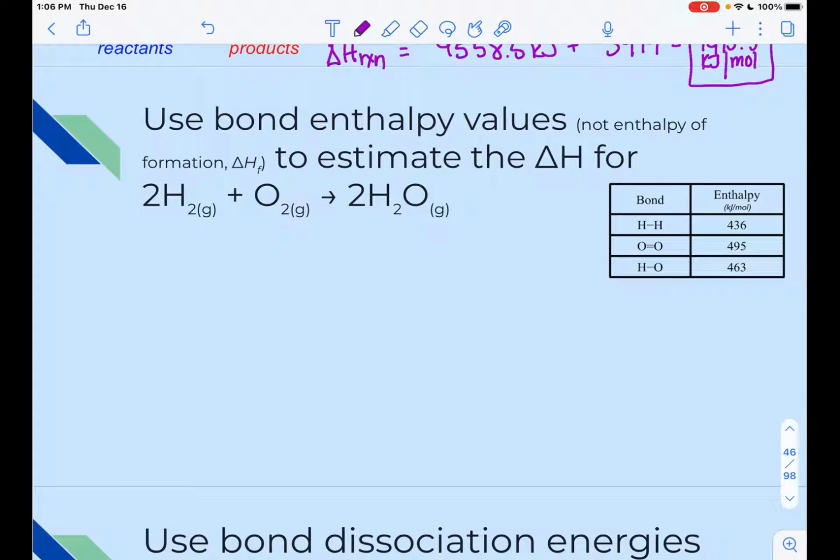So let's do another one. We have H2 here, O2, and then H2O.